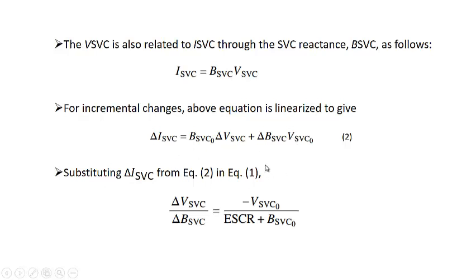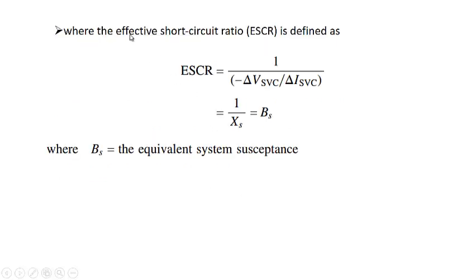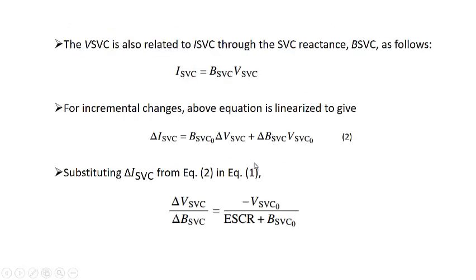So by rearranging the equation and making this ESCR, which is nothing but the effective short circuit ratio, that is equal to 1 divided by XS, that is BS, in that case the equation will finally be modified like this, that is minus VSVC naught divided by ESCR plus BSVC naught. This will be delta VSVC divided by delta BSVC.